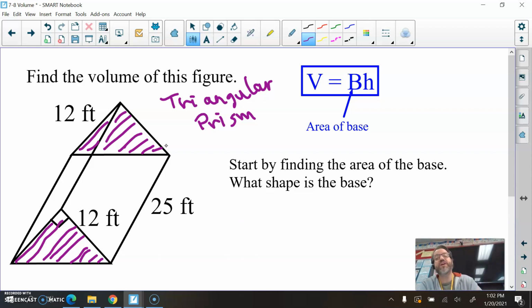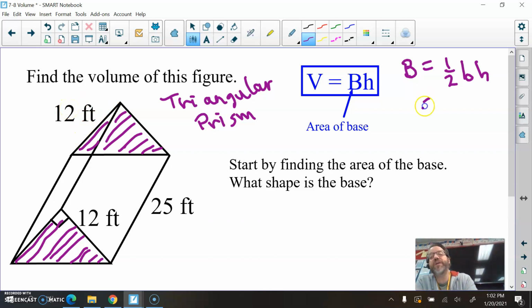So if we want to start out by finding the area of the base, we're going to have to take 1/2 times base times height. See, big B is the area of the base. Little b is just the base of that triangle itself. It is a right triangle. Its base is 12. Its height is also 12, as you see over here.